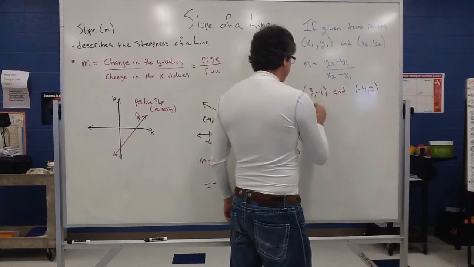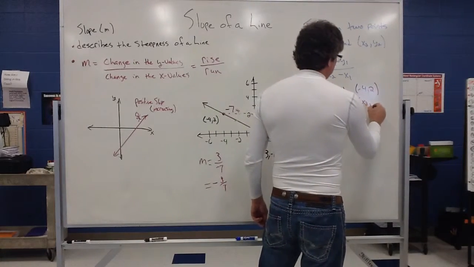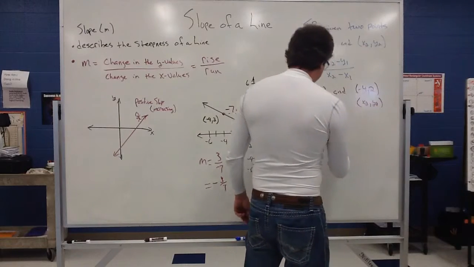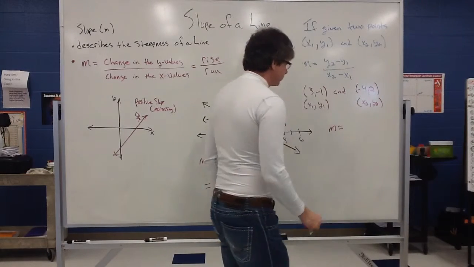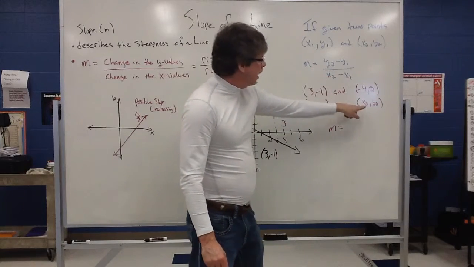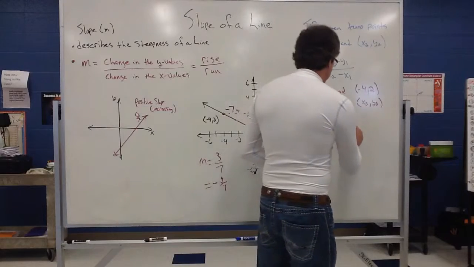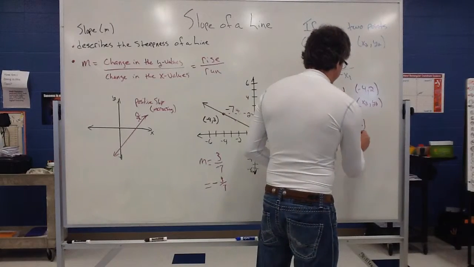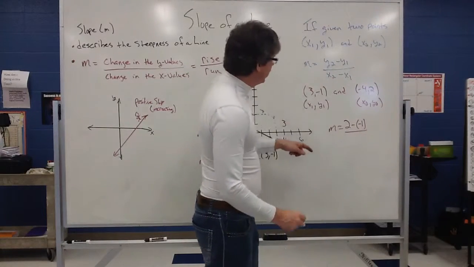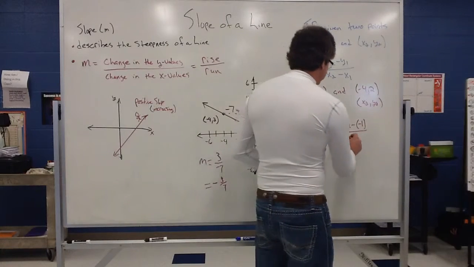So this is going to be my x1, y1, and this is going to be my x2, y2. So using my formula, it says go y2 minus y1, so that's 2, take away -1. On the bottom we have x2 minus x1, so that's going to be -4, take away 3.